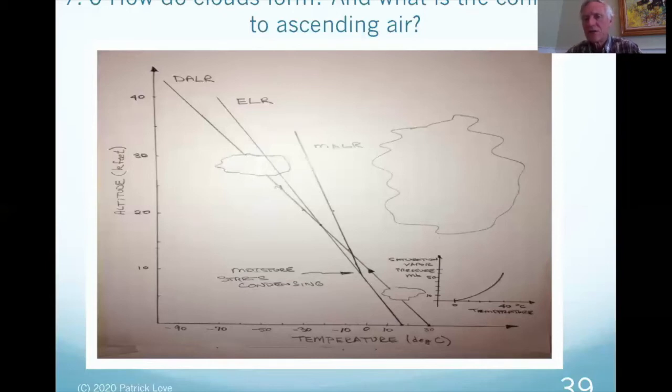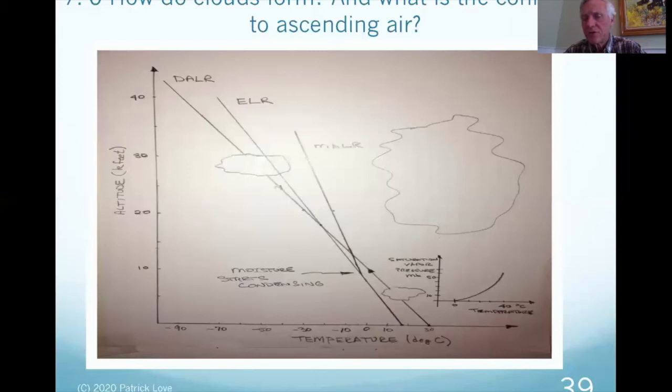Started out, it was less dense because it had been heated by the surface, and as it goes up, it cools and expands, but it cools at a rate faster than the environment that it's in. And so it reaches a point where it can't rise anymore because the surrounding air is about the same density as it, or is beginning to be less dense, and so it's not going to rise any higher.